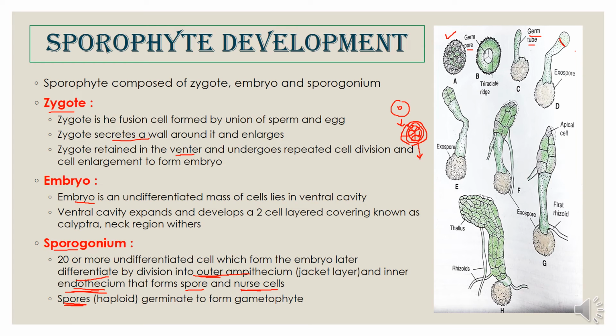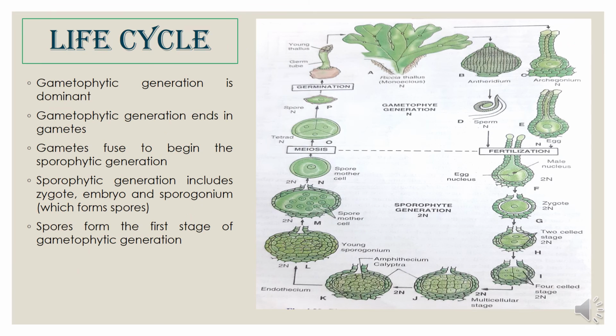Here we see the thallus body of the gametophyte developing, and rhizoids are also formed. In this way the gametophytic generation is formed again. So this is the life cycle in brief.